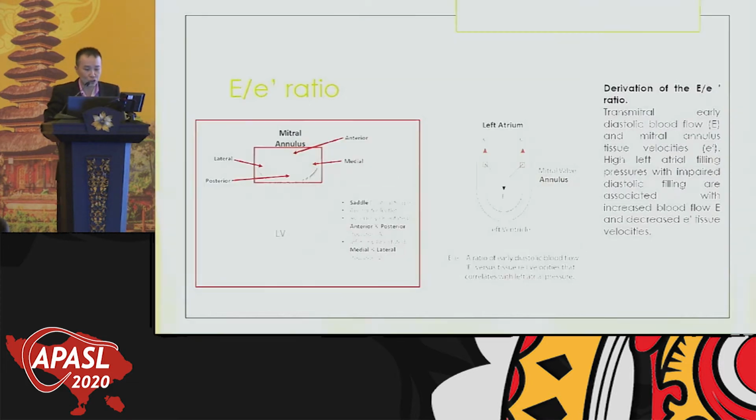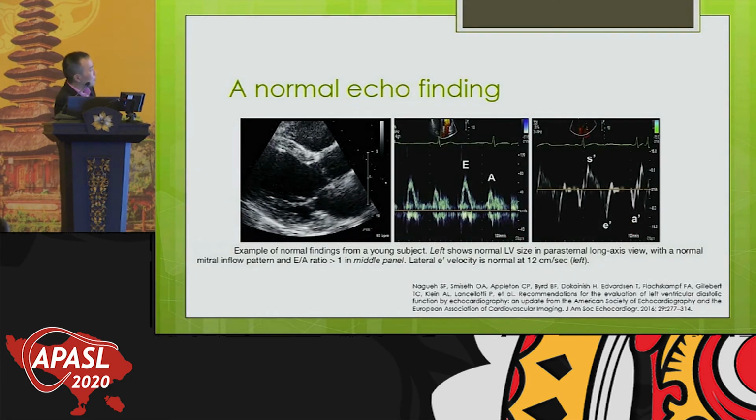Now, here's what happens in a normal echo. So we can see here, this is a normal, young subject. We have the E and the A wave, in the middle frame there. And we can see that you've also got your E prime down below, on my left-hand image there. And we can actually see some of those metrics here. For example, the E to A ratio is greater than 1.